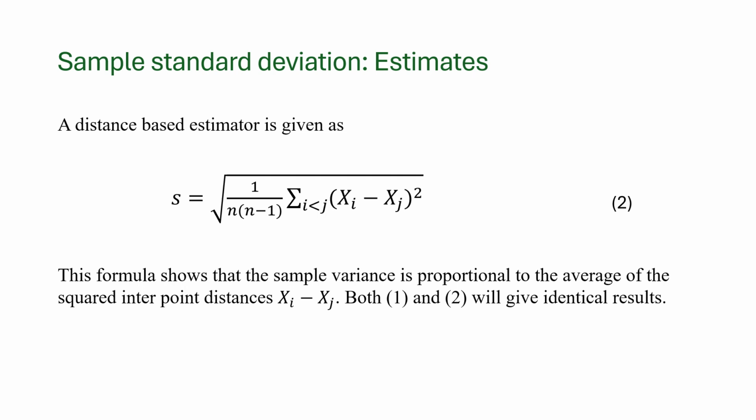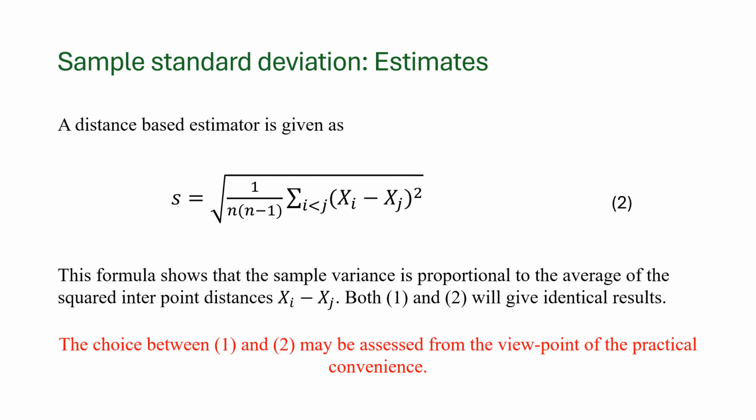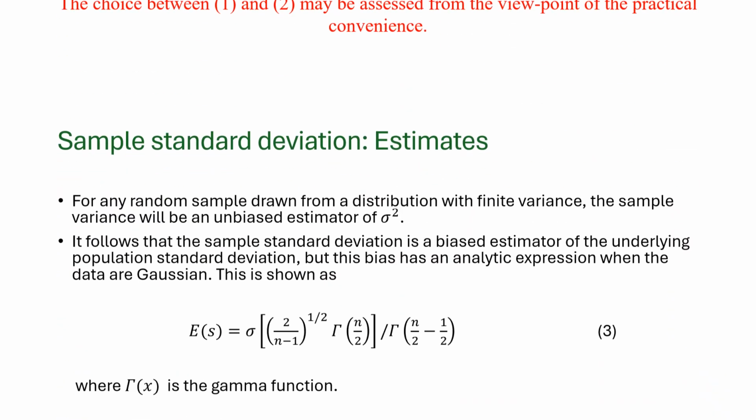Both 1 and 2 will give identical results, with no change even in decimal points. The choice between 1 and 2 depends on the context. If you are getting the data in the natural order, probably equation 2 will be much easier and faster than the first one.